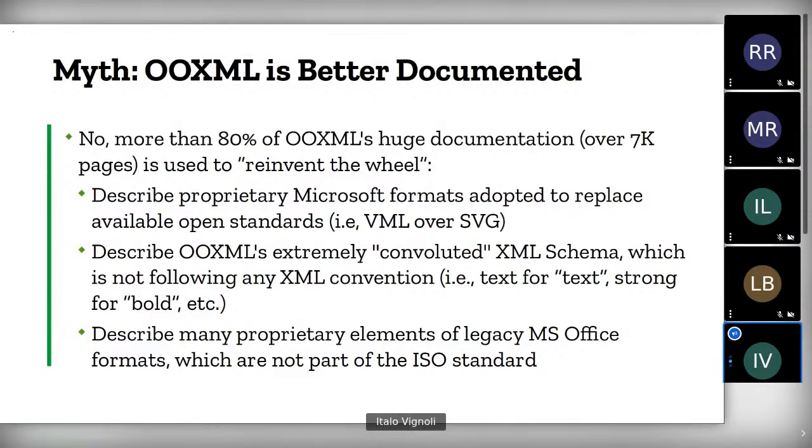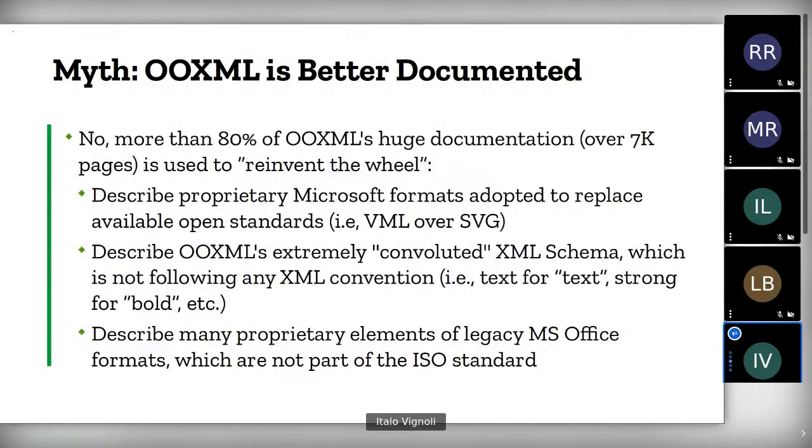When you have a line of text or a paragraph, the opening tag is text and the closing tag is text. In the case of Microsoft Office, the opening tag is W for Word, A for PowerPoint, and another different tag for Excel, although Excel is not supposed to be software to handle text strings.